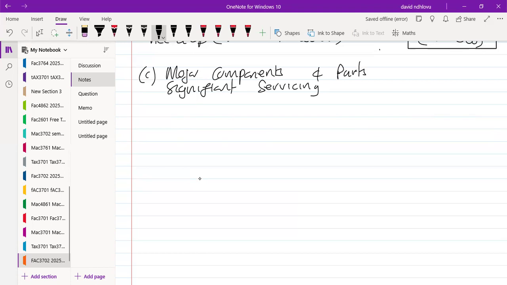Oh, it says here major inspections. I'm not sure whether it's the same. It says major inspection component. That's what I'm looking for. Yes. Major inspection component. So these three terms will work just fine.